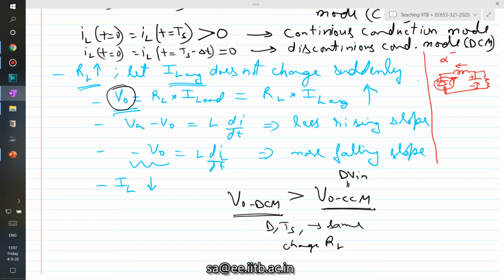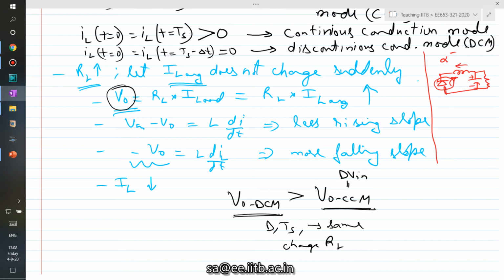So that is the reason that till now, whenever I spoke about that formula, I specifically mentioned that that formula is only applicable for continuous conduction mode. In discontinuous conduction mode, your output voltage is going to be more than what that formula would tell you, right? Even though still our circuit is ideal, we are not considering any non-idealities in diode or in switch or inductor resistance.